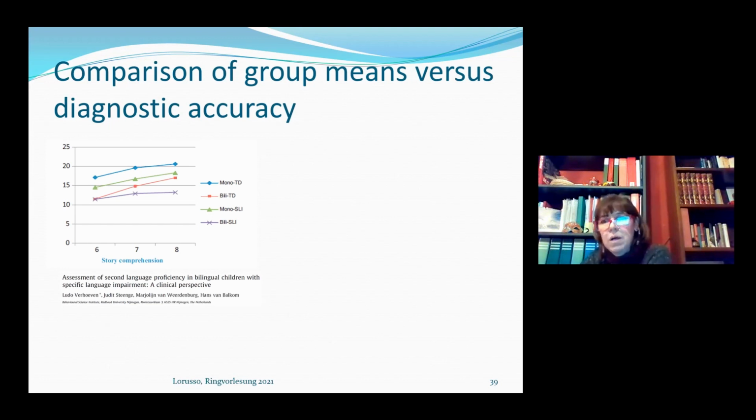So I could wrongly conclude that he is not a child with a developmental disorder. Okay, so studies just giving information on average differences are not enough.